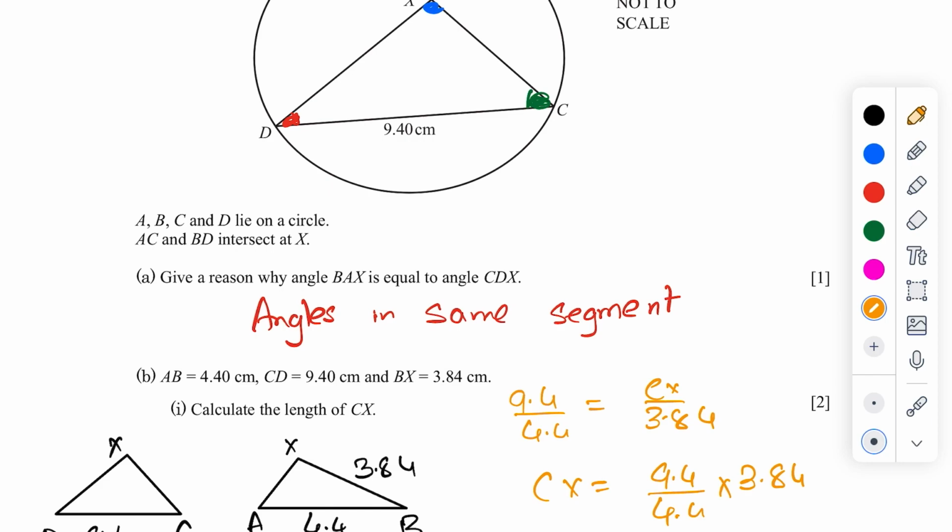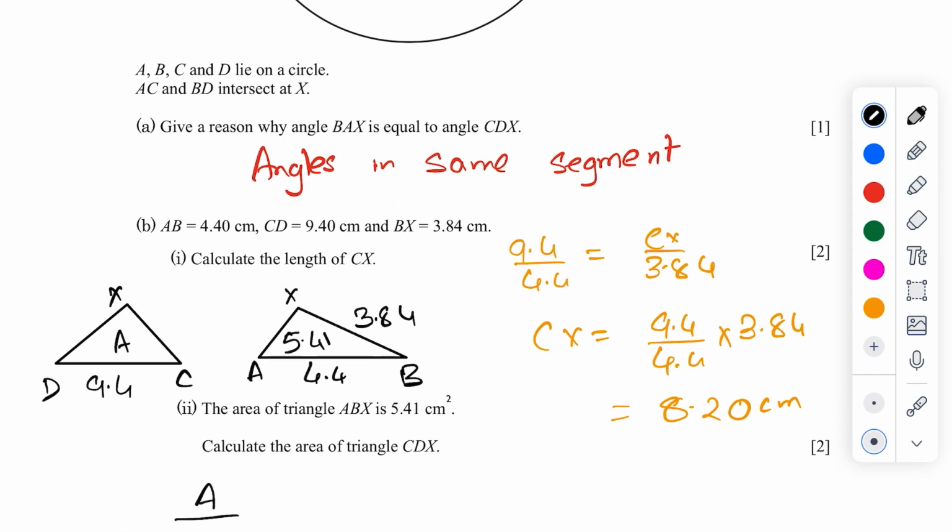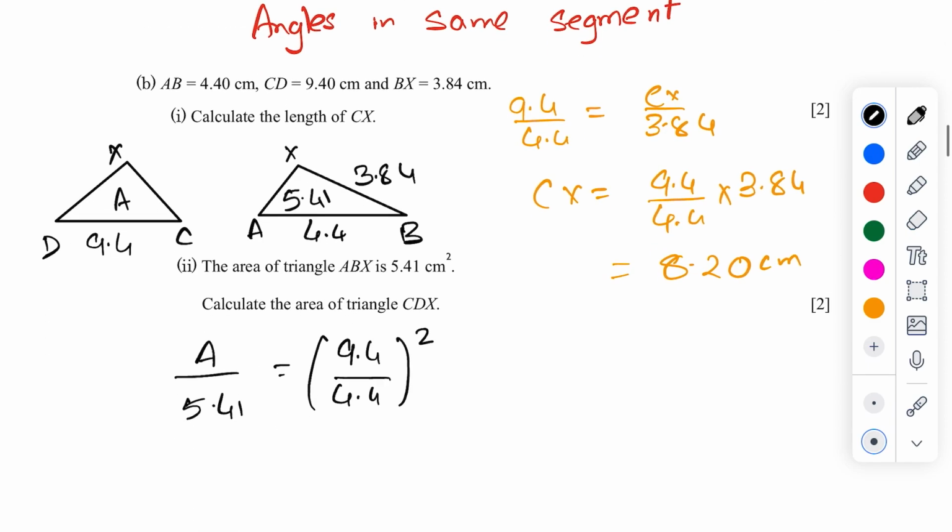Area of triangle ABX is 5.41. What is the area of the triangle CDX? So area of CDX upon 5.41 equals 9.4 upon 4.4, whole square, since area means square. So area equals 5.41 times the square of 9.4 divided by 4.4.